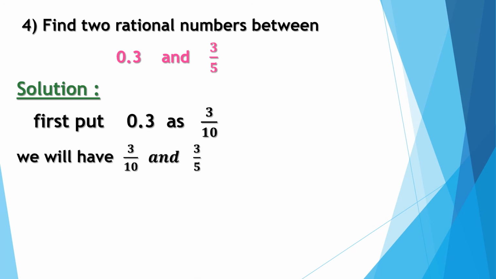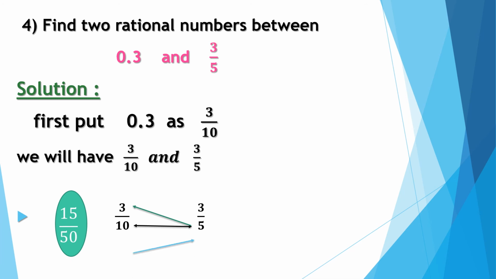By cross multiplication for both numbers, we get 5 times 3 will be 15 over 50, because the denominators are 10 and 5, multiplied will be 50. Yes, 15 over 50. 10 times 3 is 30 over 50. So we have here 15 over 50 and 30 over 50.